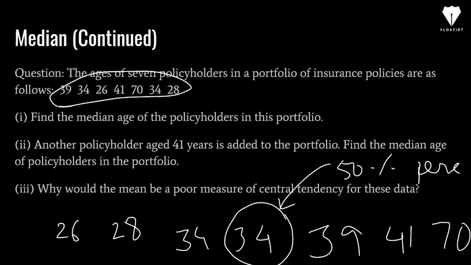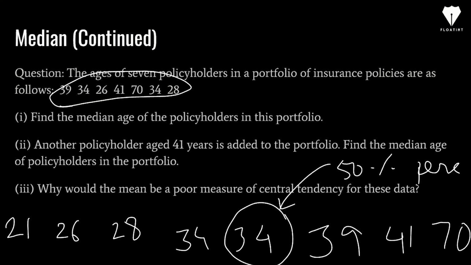So what do you do when you have an even number of data points? In that case, how do you decide which one is the middle one? For that, let's say I have another data point, let's say 21. Now I have an even number of data points. In this case, your median will be simply the mean of the middle two numbers.